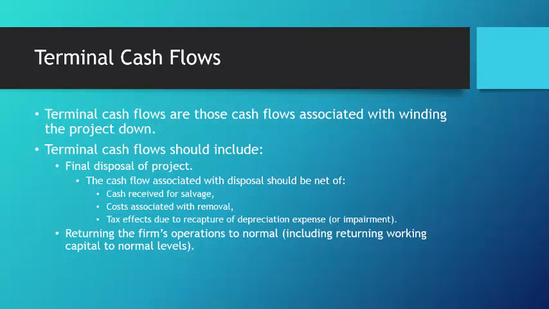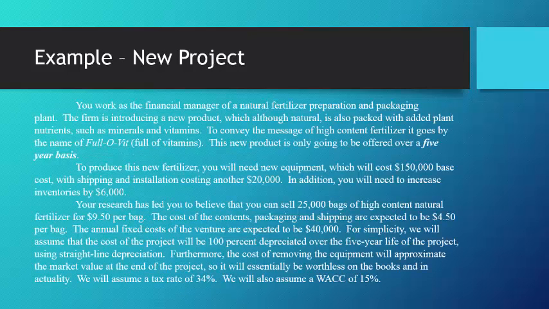It's this last item, the returning of the firm's operations to normal, including returning working capital to normal levels, that we need to make an adjustment on for this particular project, even though it's not specifically listed in the problem. Notice it doesn't say anything about it. The fact that we had to increase it to begin with, and the fact that it's only a 5-year project, implies that at the end of that time period, the amount that I invested in inventory, I'm going to be selling off and recouping that investment.